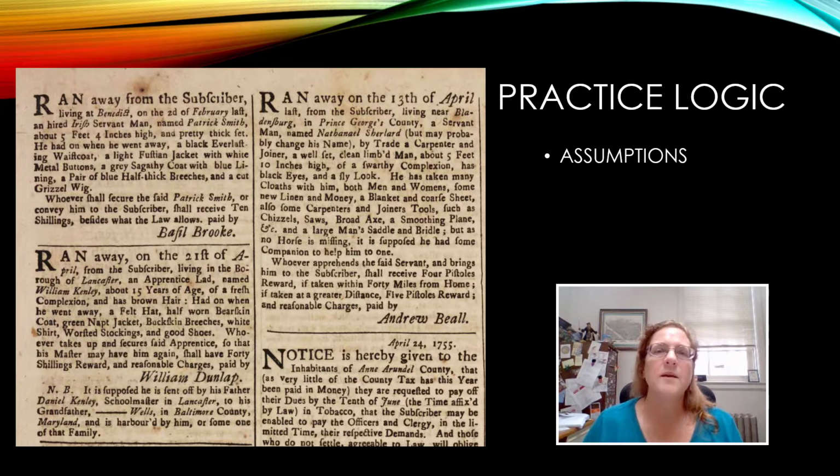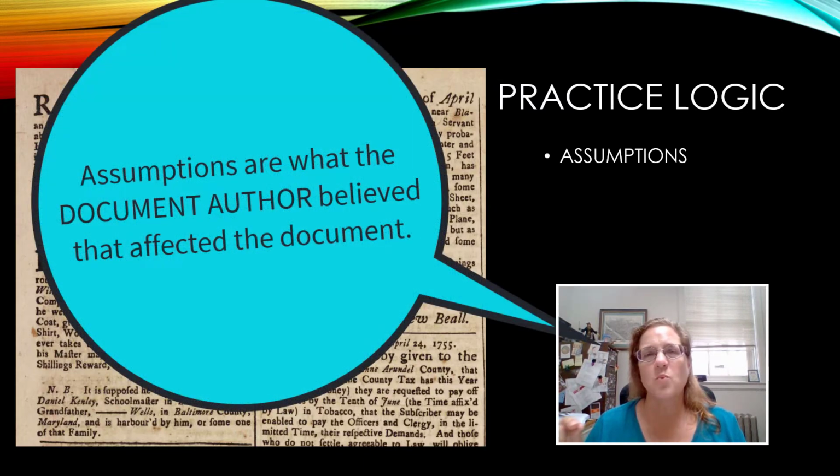And finally, the last piece of the logic is the assumptions, and students often make a mistake here, so please be careful. Assumptions is what you, the student, think the author was assuming.